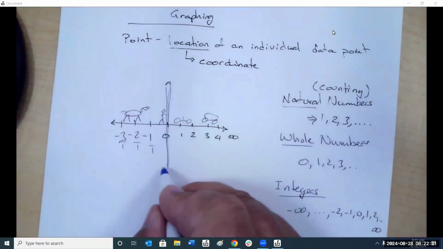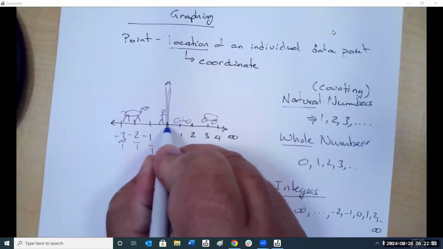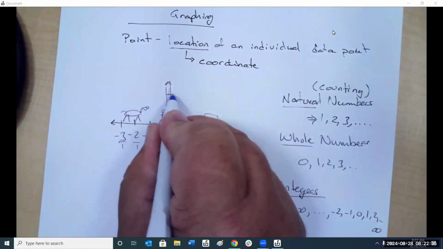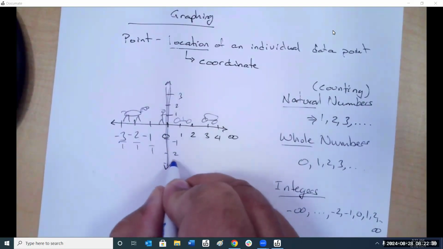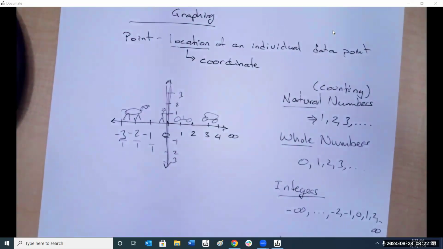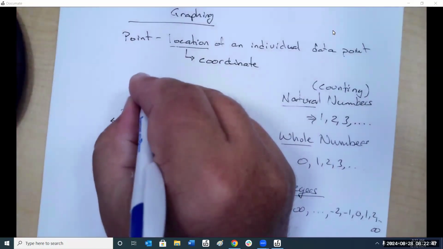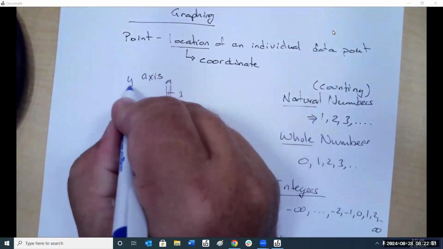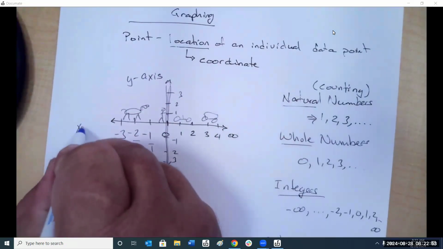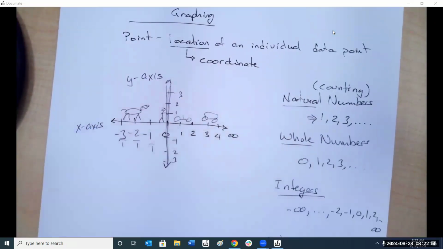So we do the same thing. It all starts from nothing. Going up is positive, going down is negative. Since we have two axes, this is the y-axis, and this is the x-axis. But that wasn't called that originally.